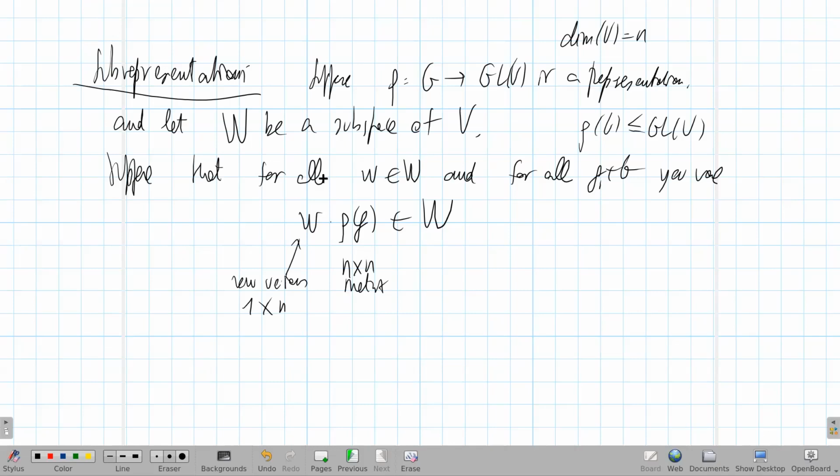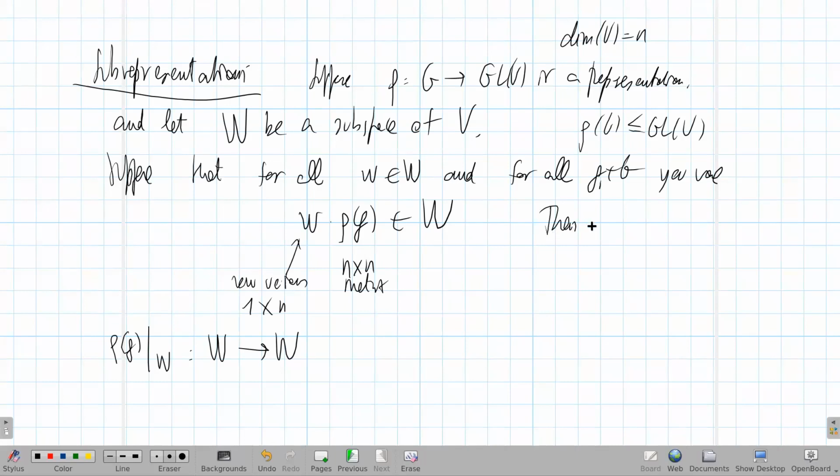So suppose that for all w in W and for all g in G, the image of an element of W under rho G is still in W. What this means is that rho G restricted to W is a map from W to W, and of course a linear map, okay? As I said, unless you have this, you cannot control what happens when you apply rho of g to an element of W. Then we say two things.